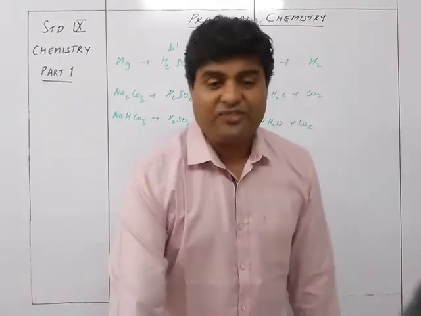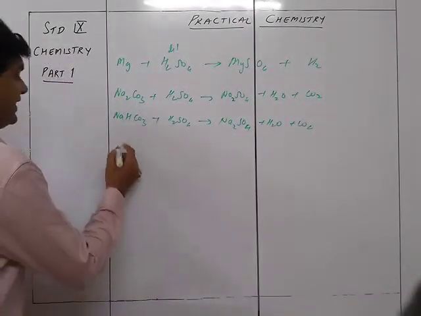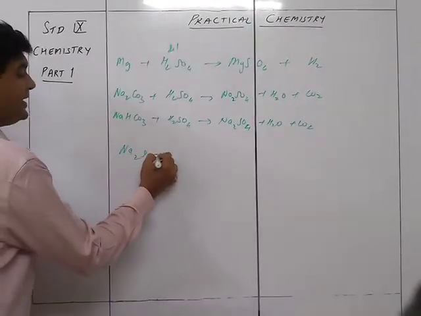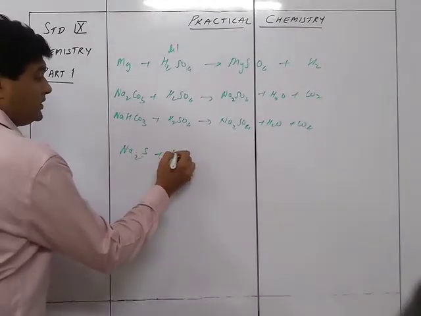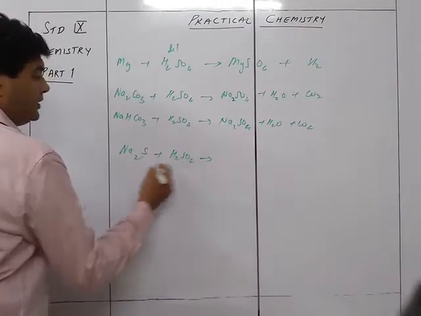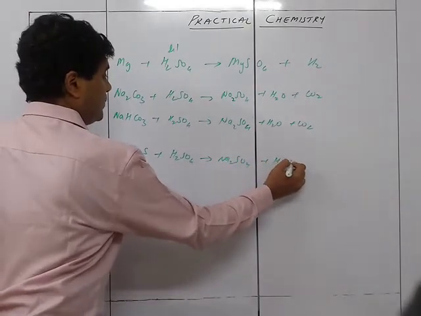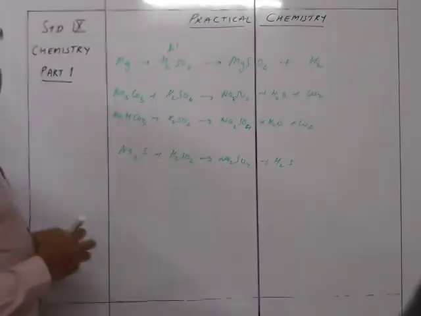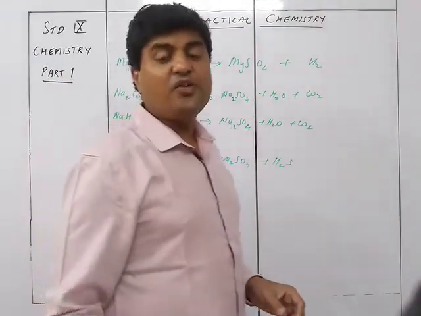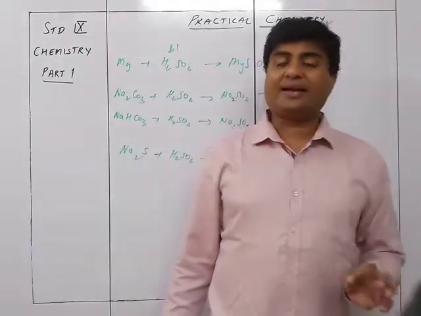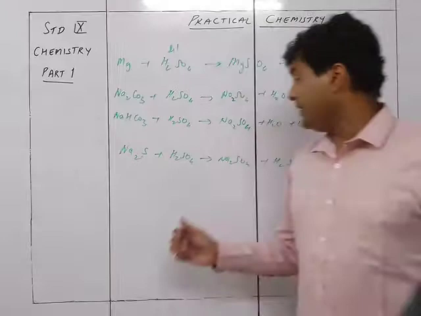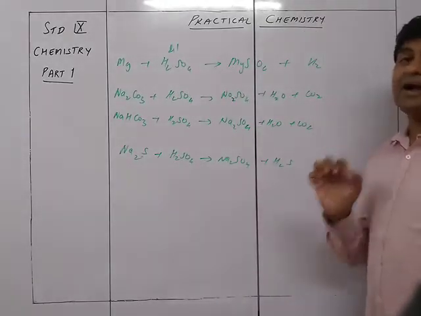The next is sulfides. If I take Na2S and react it with H2SO4, over here you are going to get Na2SO4 plus H2S. Whenever a sulfide of a metal reacts with dilute sulfuric acid, it is going to give me salt plus hydrogen sulfide.